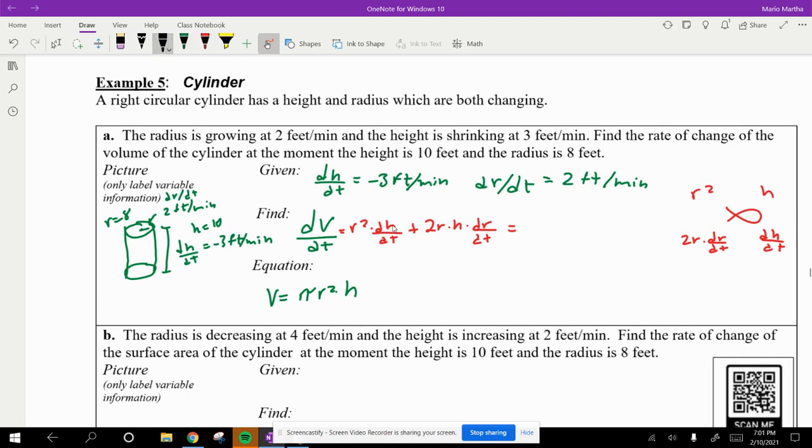So we're looking at r squared, which in this case happens to be 8 squared, and then dh/dt is negative 3, so that would be negative 3, times plus 2 times r, which is just 8, and then the other one is the height, which happens to be 10. All right, and then we start simplifying again one more time.